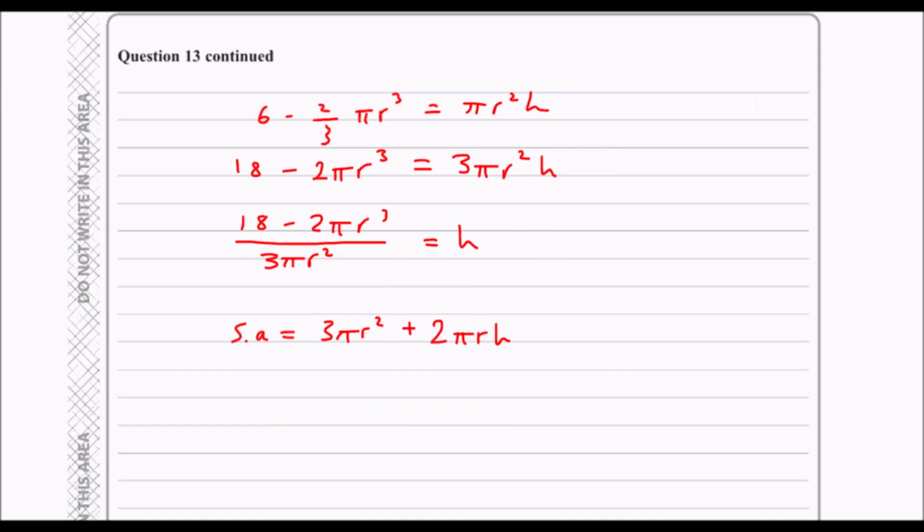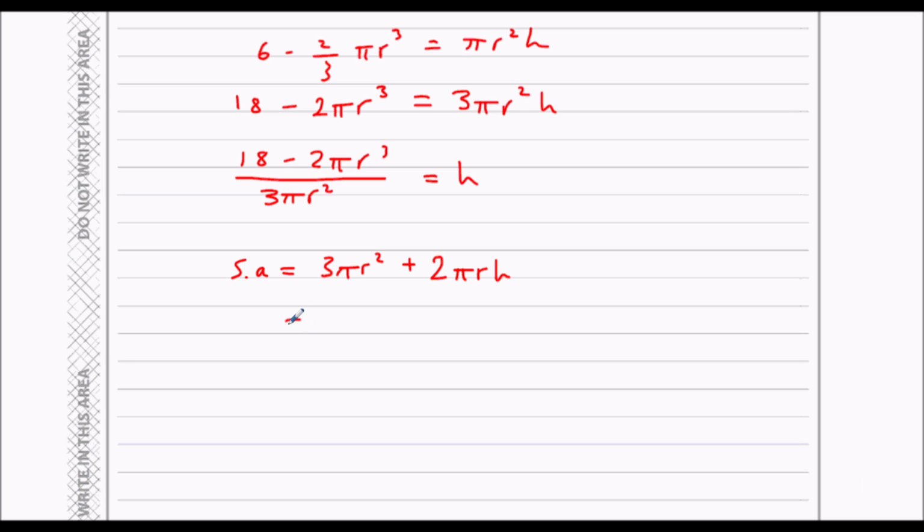So I'm going to substitute my h in now. So I've got 3 pi r squareds plus 2 pi r times this: 18 minus 2 pi r cubed over 3 pi r squared.